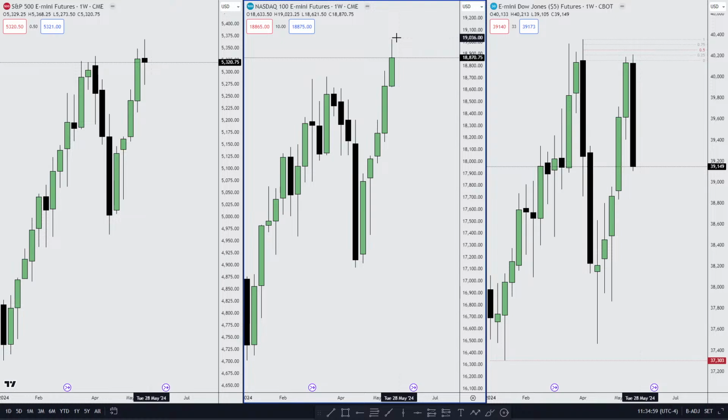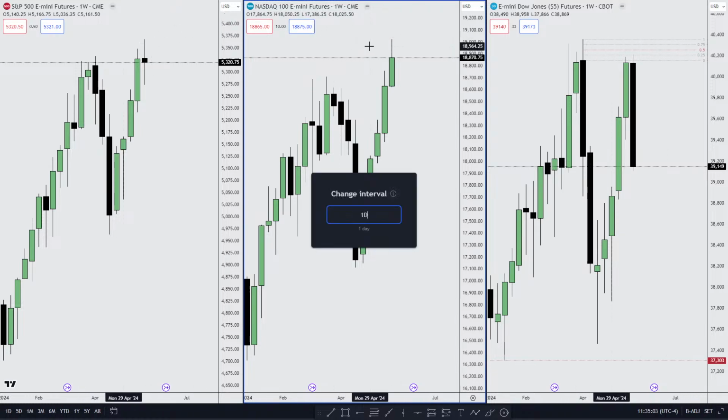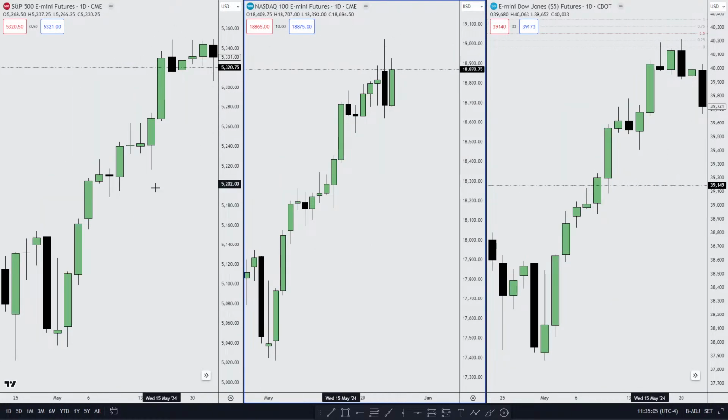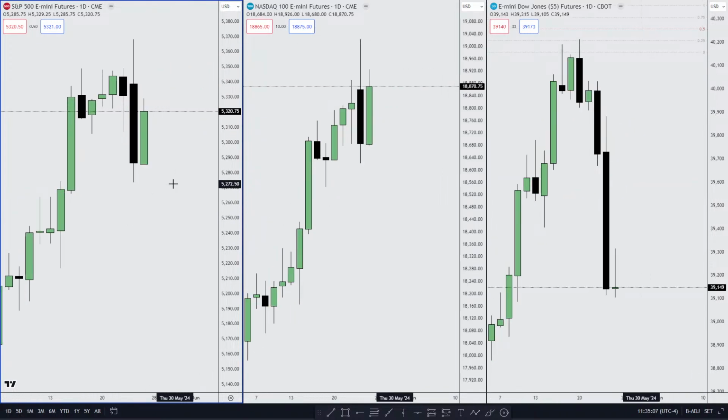If for whatever reason we do not take out the weekly highs, I will be looking at least at the daily swing high here. I'll be looking at the rejection block. I want to see if price can trade into the rejection block as an SMT.